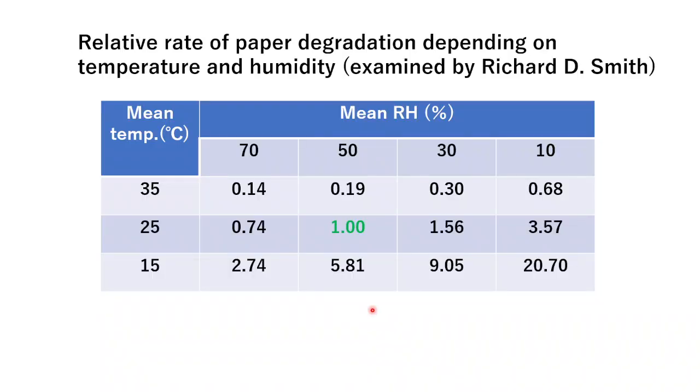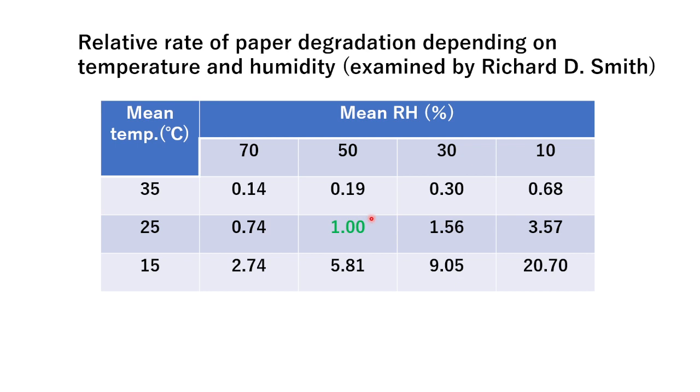Next, I will introduce examples of the effect of temperature and humidity on paper permanence. This table shows that a man named Smith conducted an accelerated aging test on the paper and determined the degradation rate of the paper at each temperature and humidity.